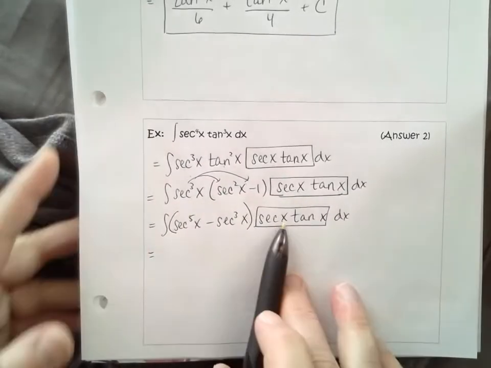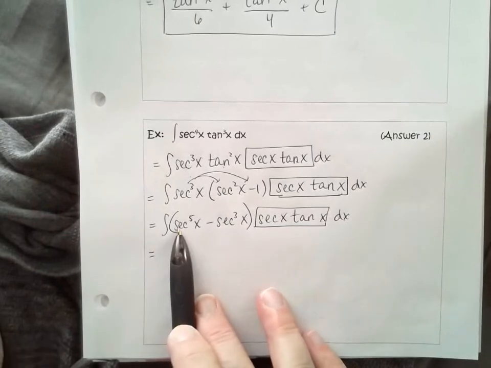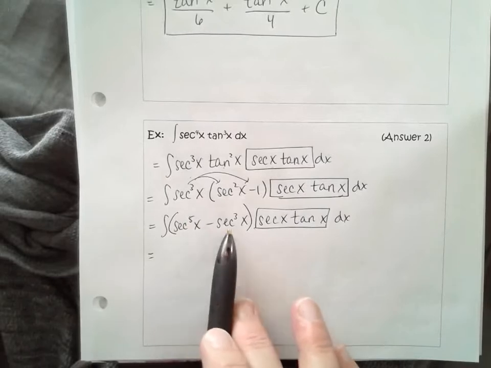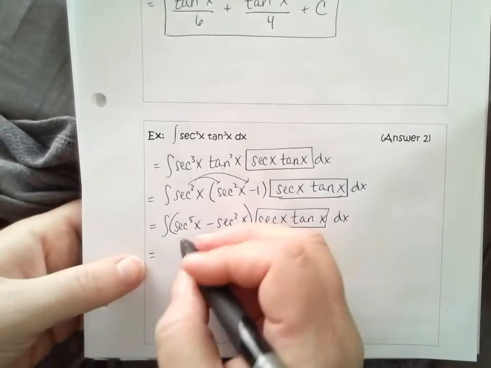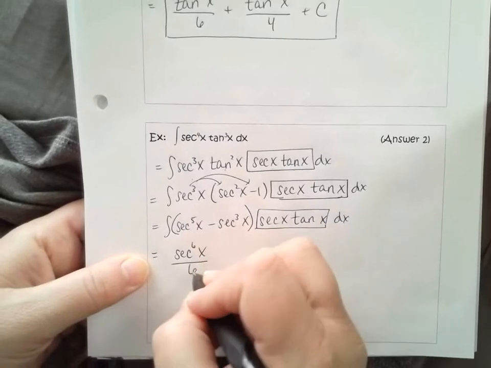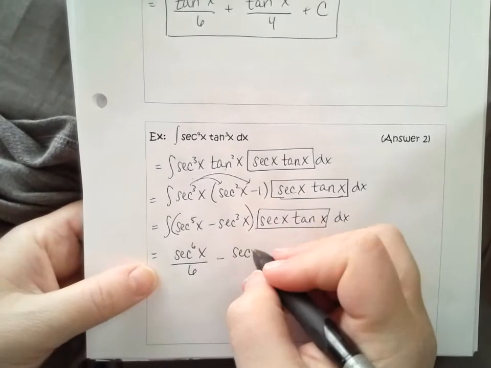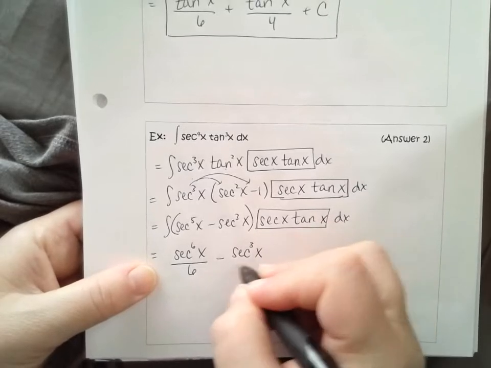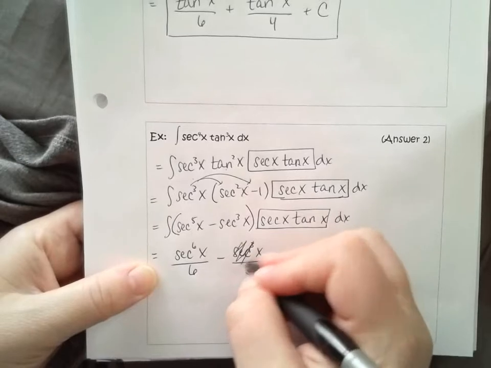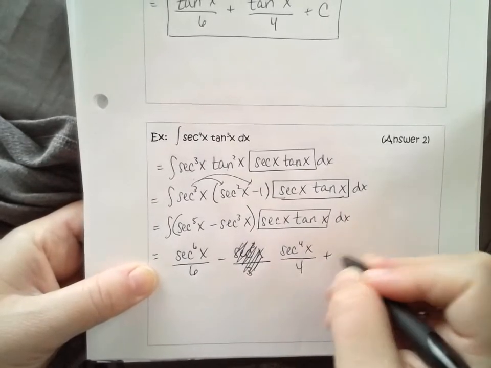And again, this is the appropriate du for secant, which would be your u. So this just says u to the 5th minus u cubed. U to the 5th becomes u to the 6th over 6 minus u to the 4th over 4 plus c.